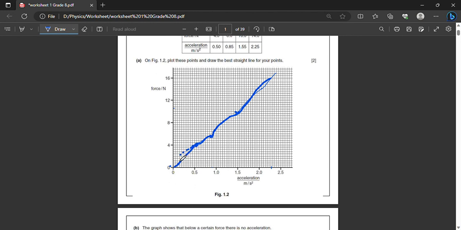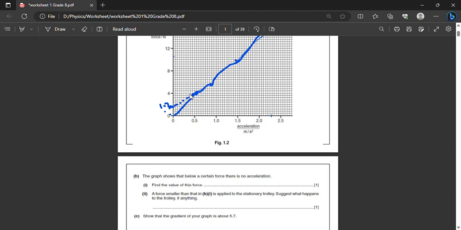Once we draw a straight line over here, the value over here will be 1.2 newtons. When you check with the ruler, it will be 1.2. So the answer for that question is 1.2 newtons. Let me make this bigger.